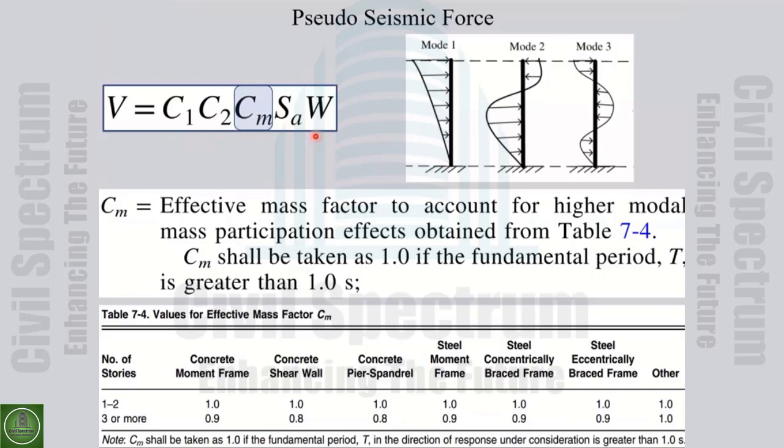Later, we will see that when we want a better estimation of force, we will divide by C1, C2. When we want a good estimation of displacement, C1, C2, and Cm should be there to give a better estimation of displacement, because we are doing linear elastic analysis. We don't see that the maximum inelastic displacement is more than the elastic displacement.